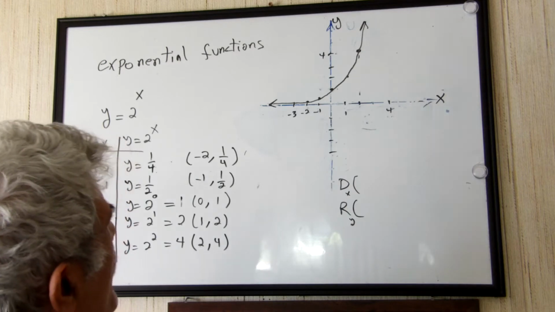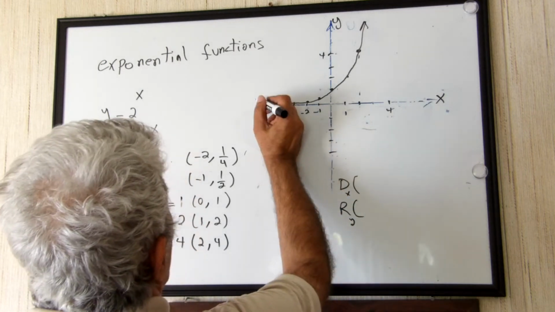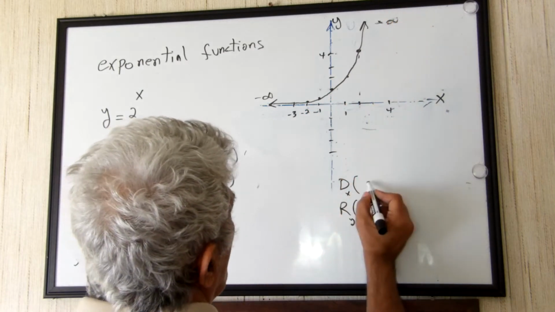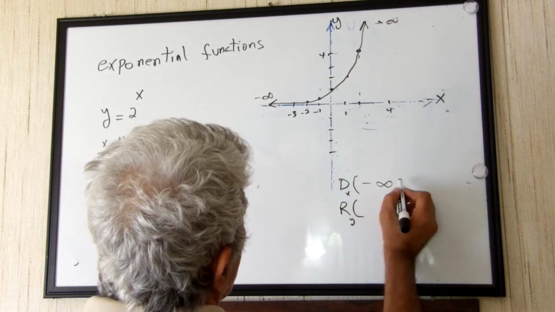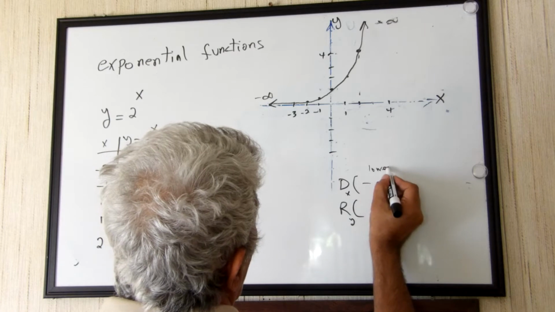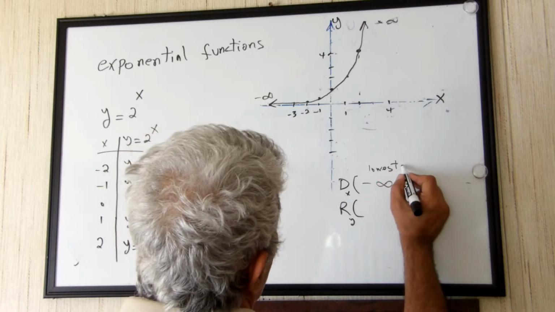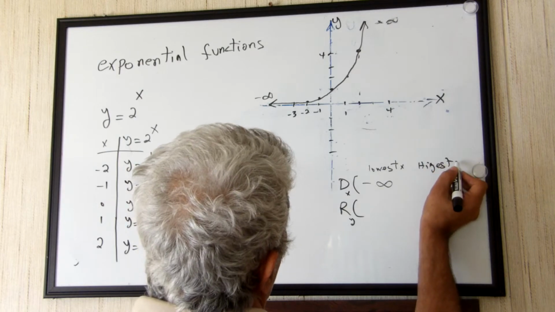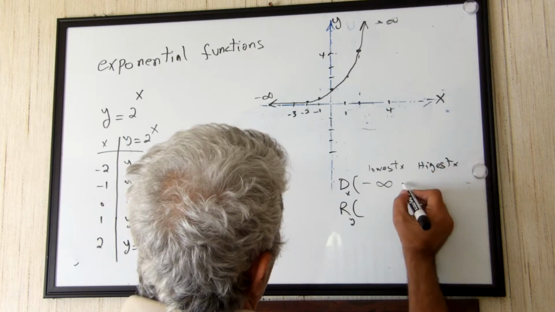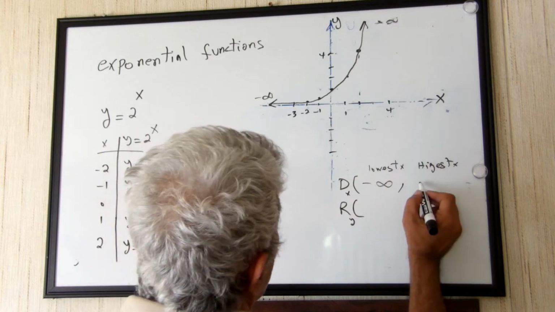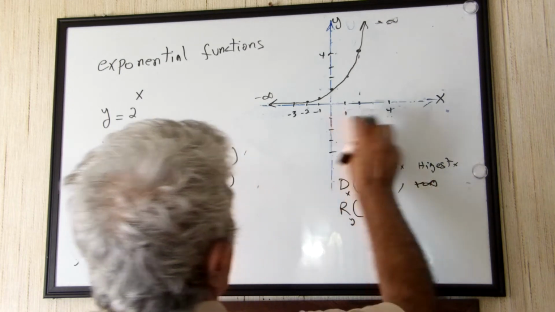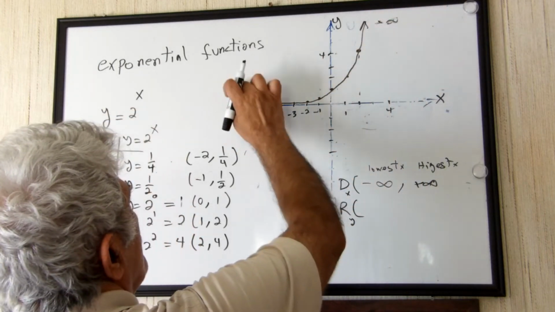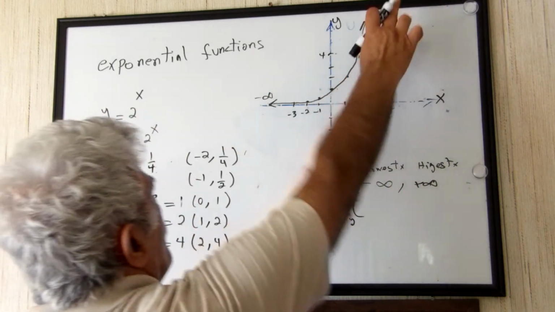The x goes from minus infinity to plus infinity, so the domain is minus infinity to plus infinity.